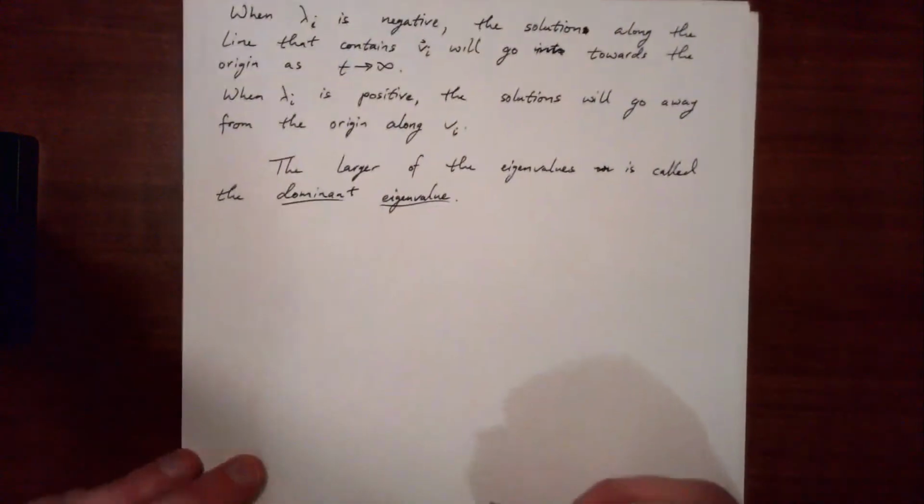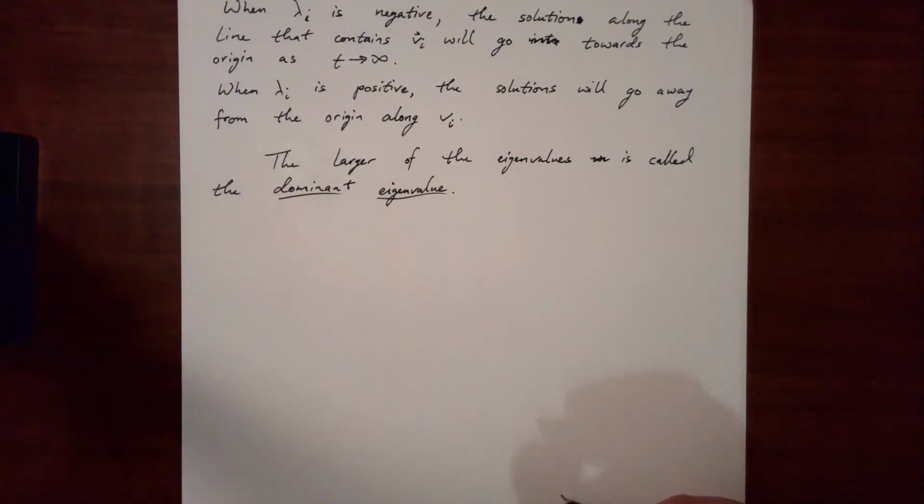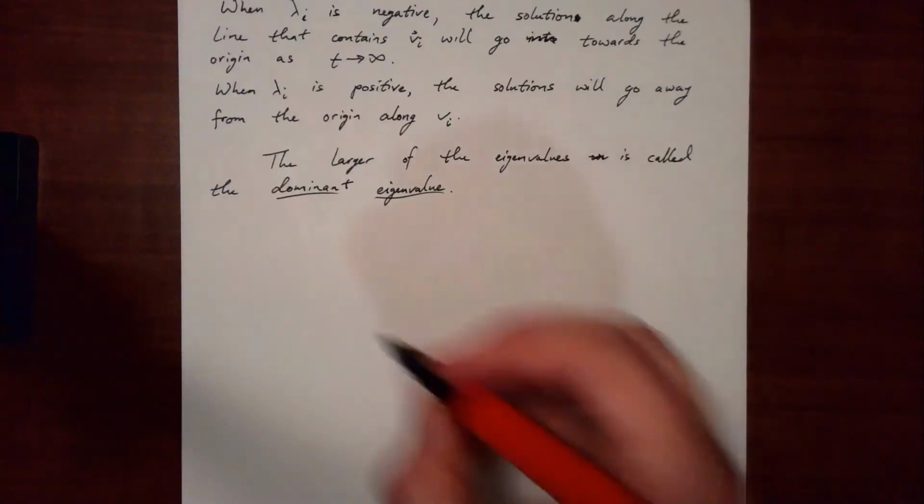The significance of it is that when t is getting ever more positive, the solution curves will be pulled in the direction of the corresponding eigenvector. When t is negative, they will be pulled in the direction of the other eigenvector.